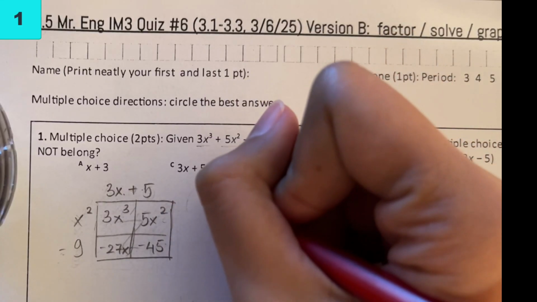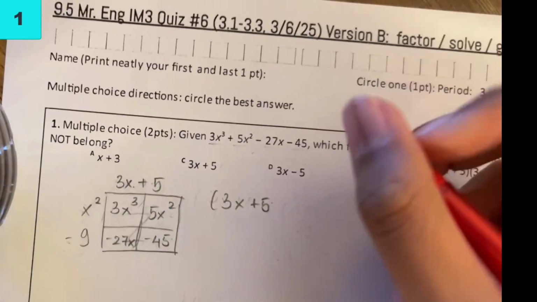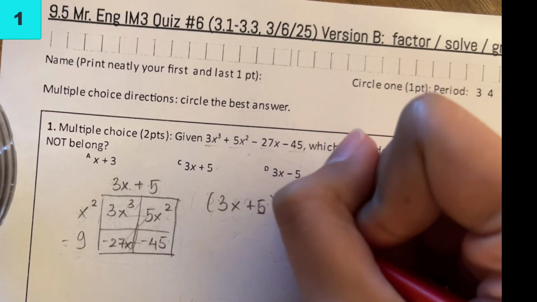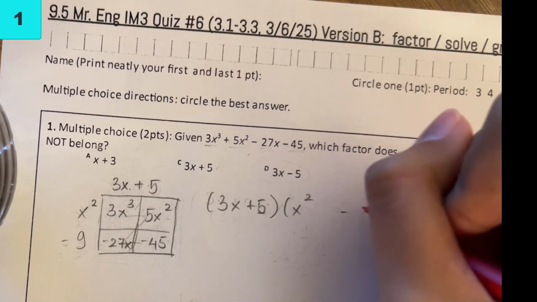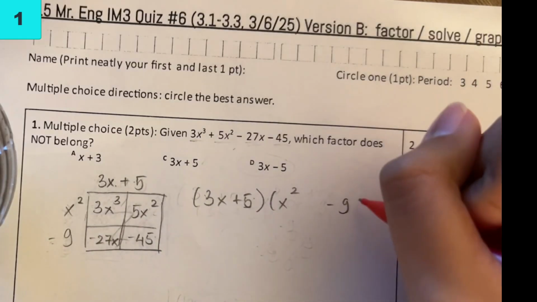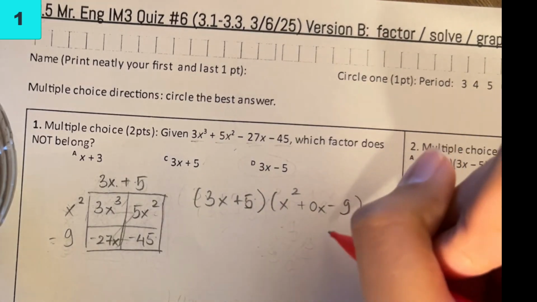So we have 3x plus 5 times x squared negative 9. Then we put 0x here to solve this math.